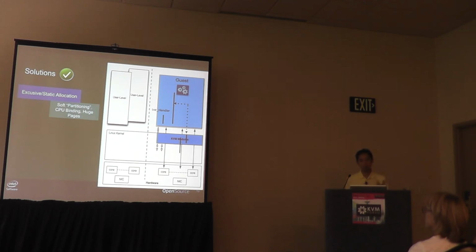And for software, we need a real-time KVM, not just on the host. We also need a real-time guest. Otherwise, even if KVM is real-time, if its guest doesn't provide real-time capability, then you don't get real-time.